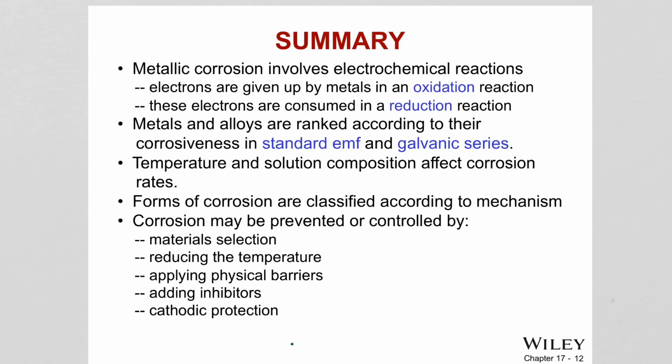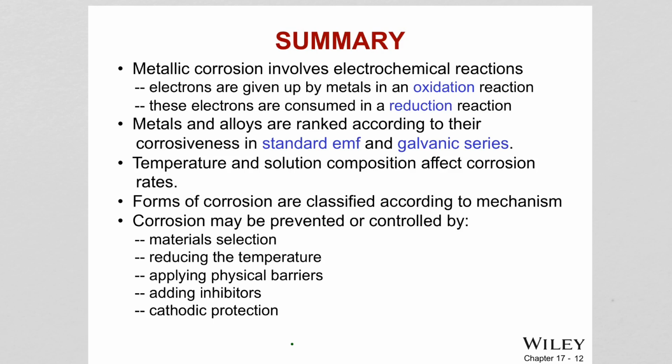In summary, we have learned that corrosion involves electrochemical reactions. Electrons are given up by metals in oxidation reactions and consumed in reduction reactions. Metals and alloys are ranked in terms of their corrosiveness in the EMF series and the galvanic series.